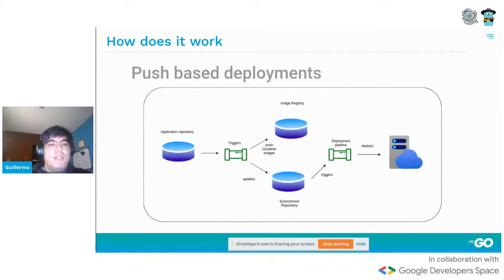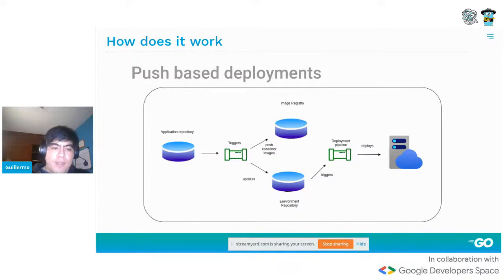We can think of our environment repo as our deployment manifest, or how the app will be deployed. Once the environment repo is updated, the deployment pipeline is triggered, and a new version of the app is deployed into the environment. One thing to keep in mind is that the deployment pipeline is only triggered if there is a change.